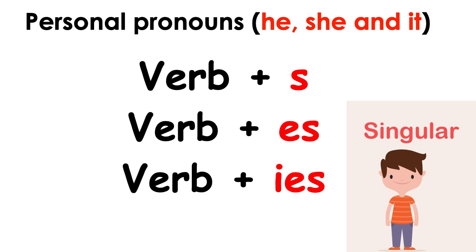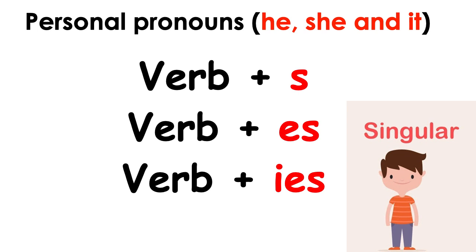Okay? Kalau subjek di depan kata kerja dia ialah satu, contoh he, she, dan it. Okay, seorang lelaki, seorang perempuan, dan satu haiwan, satu benda ke satu bangunan. Okay, kata kerja seterusnya perlu ada s, es ataupun ies.